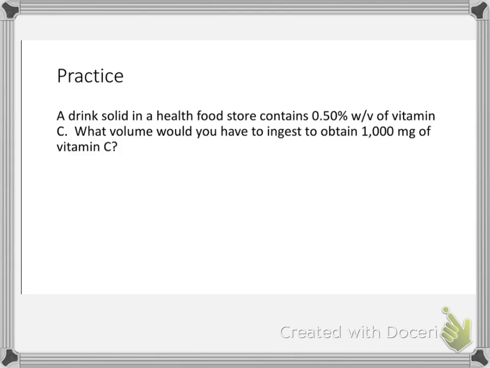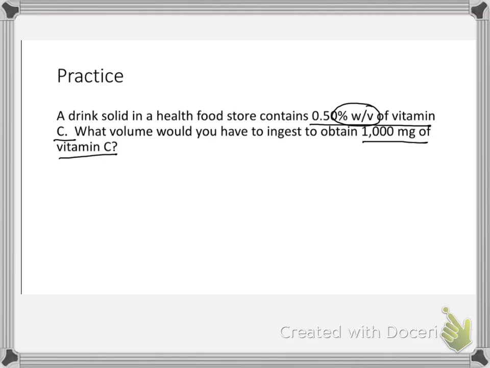All right, so we have one more problem, and this one's a little bit different because it gives us the concentration. So it says a drink sold in a health food store contains 5% vitamin C. So it gives us a weight to volume percent. And it wants to know what volume would you have to drink, so how much of this solution to get 1,000 milligrams of vitamin C?